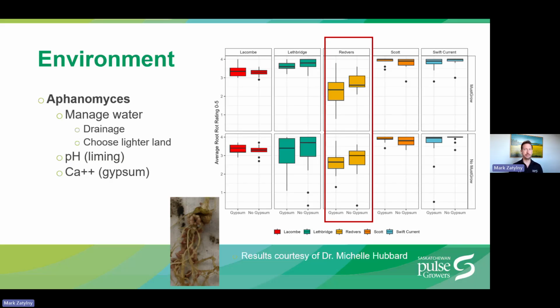So extra calcium may inhibit zoospore germination. In this middle chart here, you can see the one location was showing a reduced root rot rating there. So that has some promise that we continue to investigate. And we also saw an increase in nodulation as well.